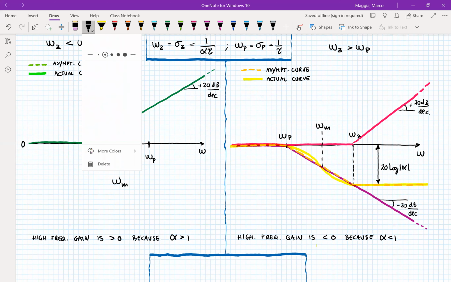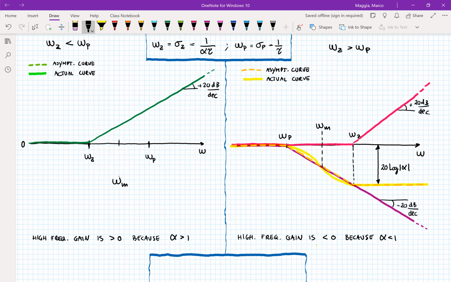What about the contribution of the pole? Well, that is 0 all the way to the cutoff frequency associated with the pole, which is omega p. And then after that, it starts decreasing with a constant slope of minus 20 decibels per decade.